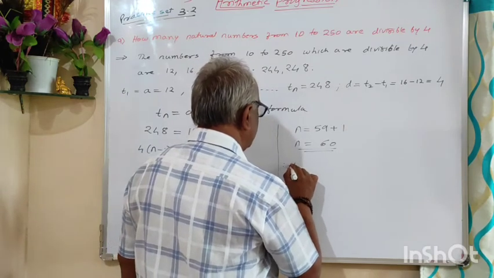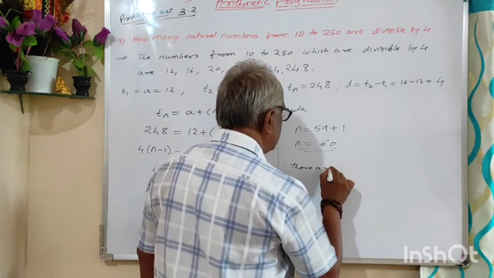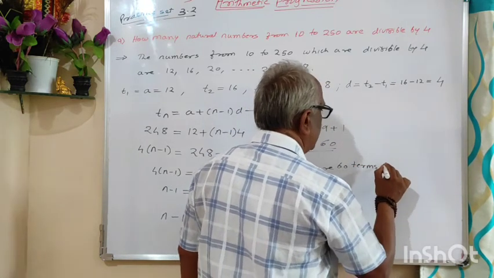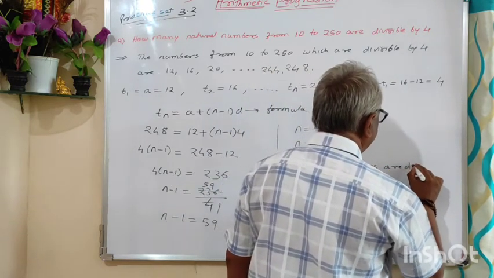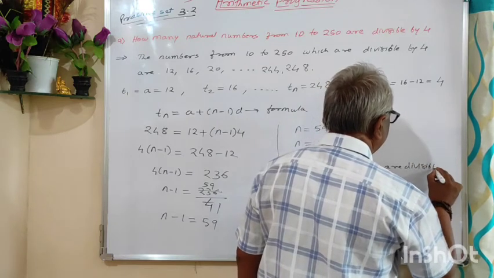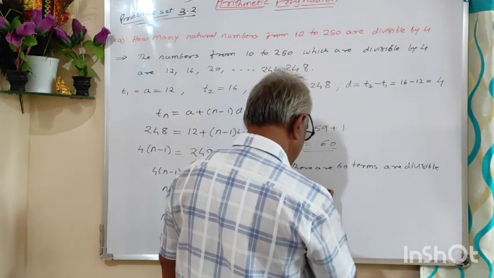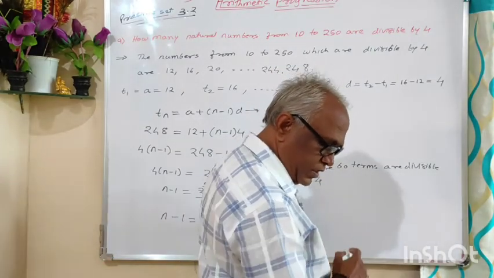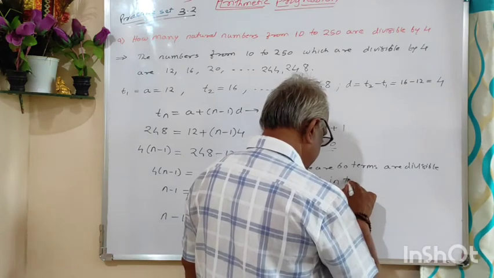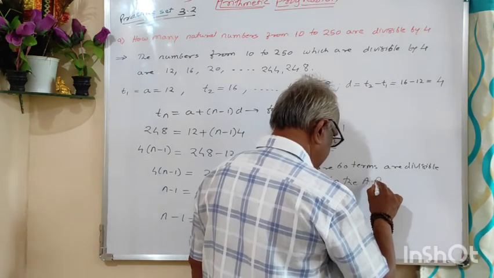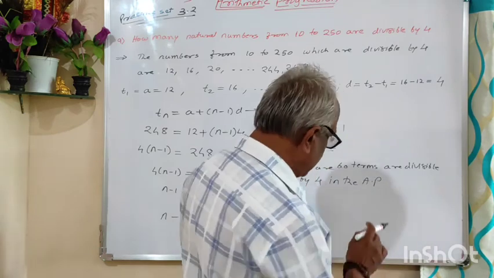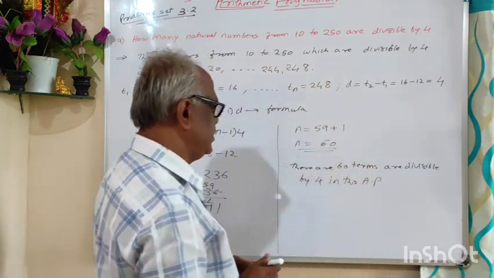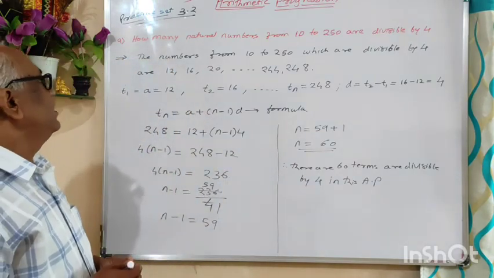Therefore, there are 60 terms divisible by 4 in this arithmetic progression. Now you can take the screenshot.